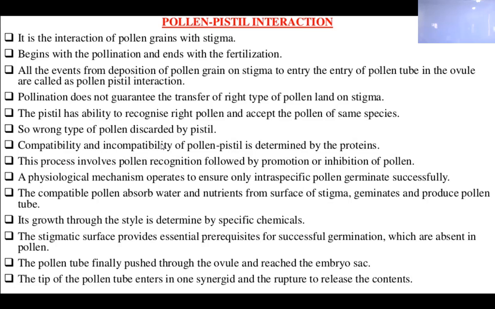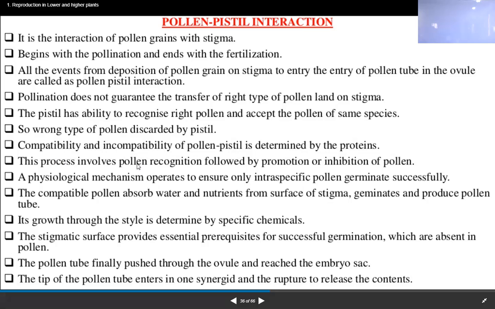So compatibility and incompatibility of pollen and pistil is determined by the proteins, whether it is good or not. This process involves pollen recognition followed by promotion or inhibition of pollen. That means the fertilization process will be activated or stopped. It is decided by pistil only.